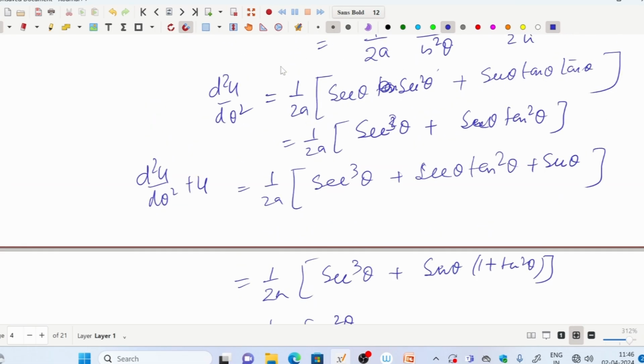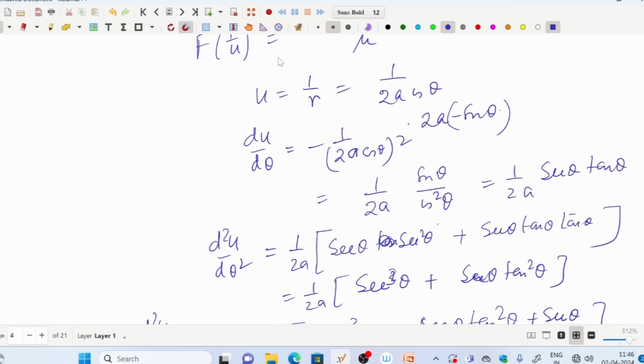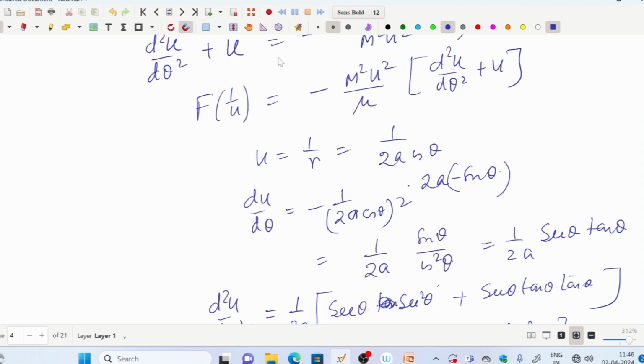So, now we substitute this in the equation for f of u. If you substitute this, we calculate that it is proportional to sec cube theta, and there is also a u square.